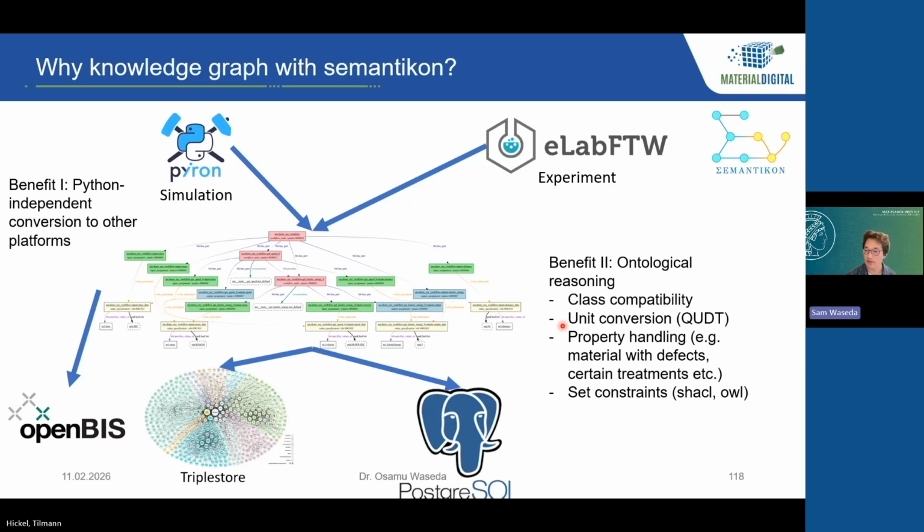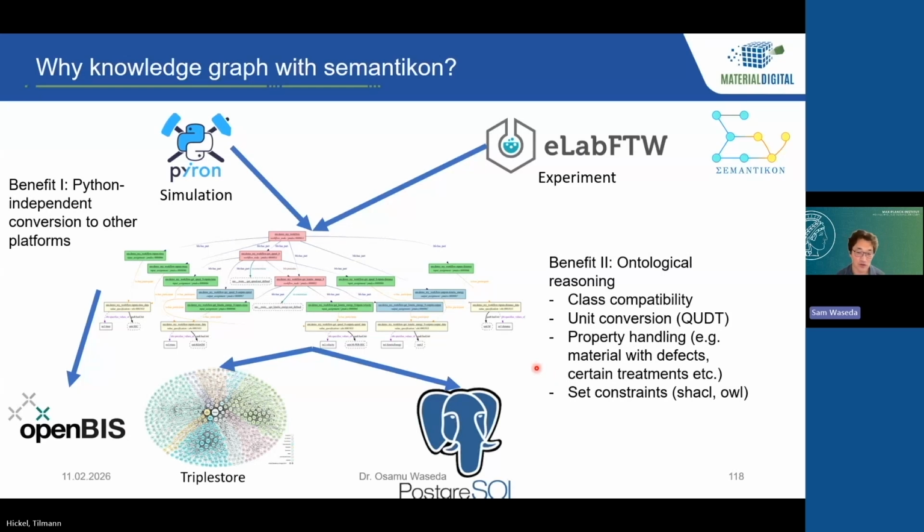Or you can also create something like properties, because the ontology is based on triples, right? In our case, that means you can also say something like, my material has a vacancy, dislocation, grain boundary. And if you have a grain boundary of this type and so on, that would be very, very difficult to define with Python classes.